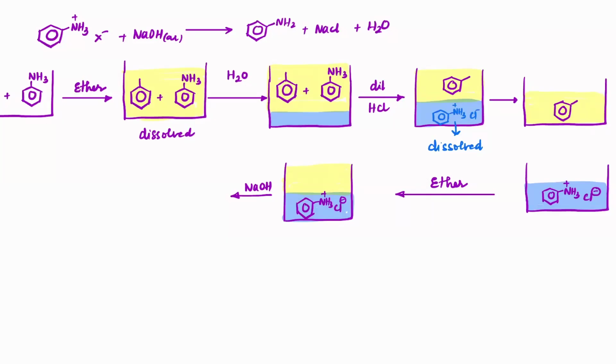In this case we will see that two solutions will be separated out like this. So this is the ether form. On the other side we have the aqueous form.